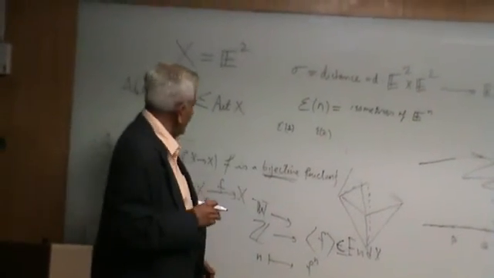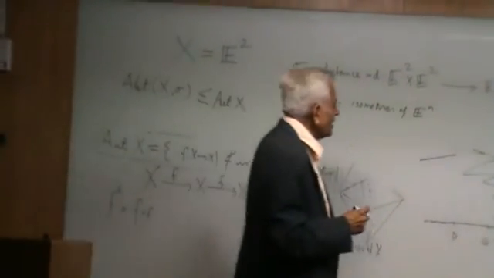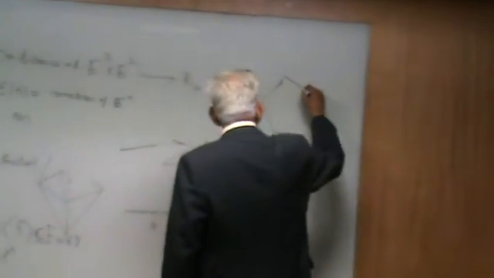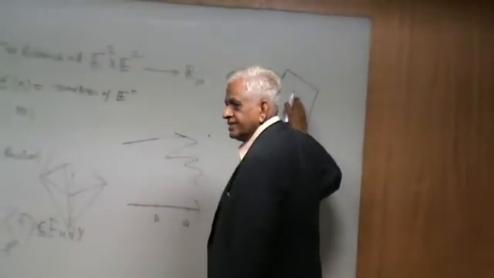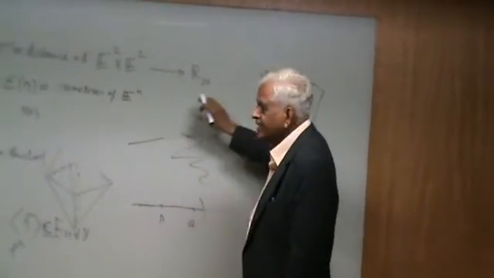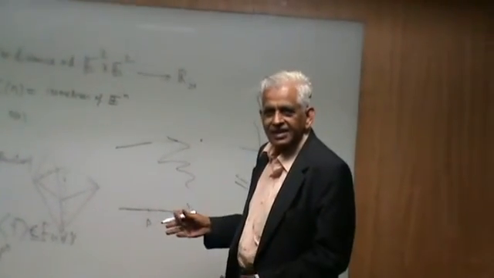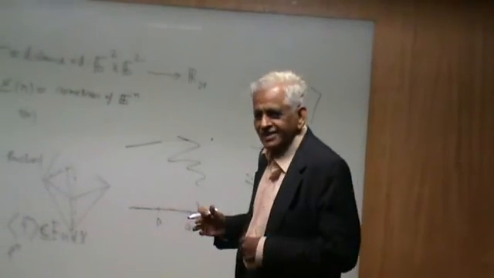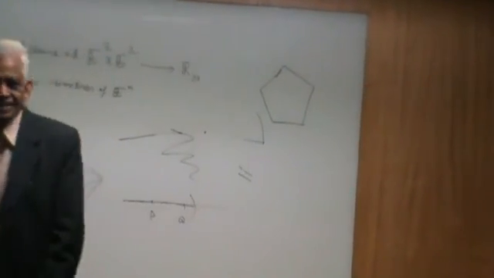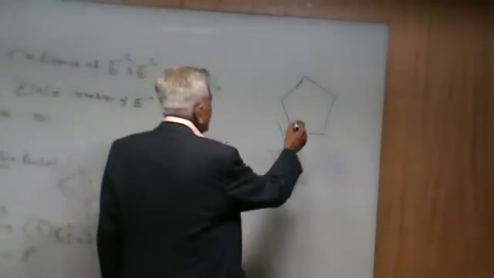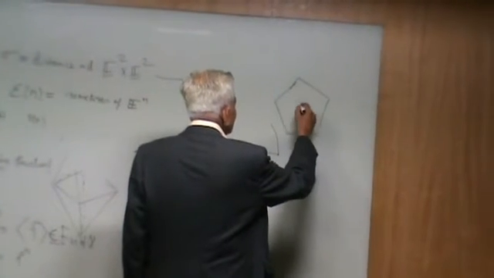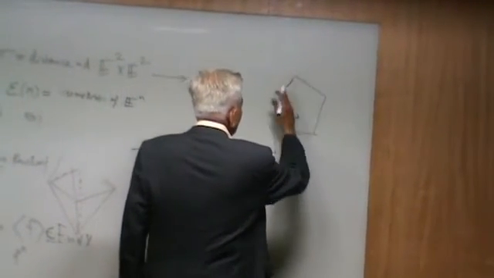And this regular n-gon has lots of symmetries. What does it mean? The isometries which carry this into itself. That is, there are many of them, and in this case there are these n rotations and n reflections.